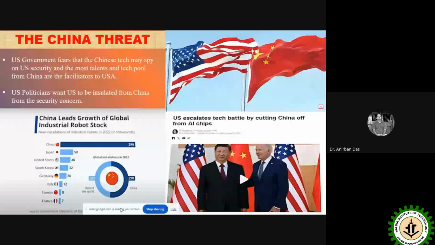So U.S. politicians are actually trying to protect or insulate from interaction with China, because there is a huge talent pool of Chinese working in different U.S. universities.